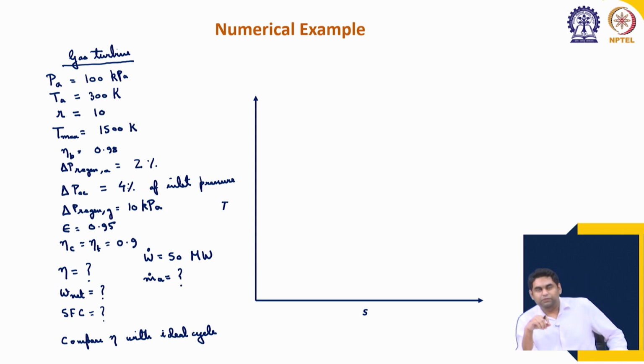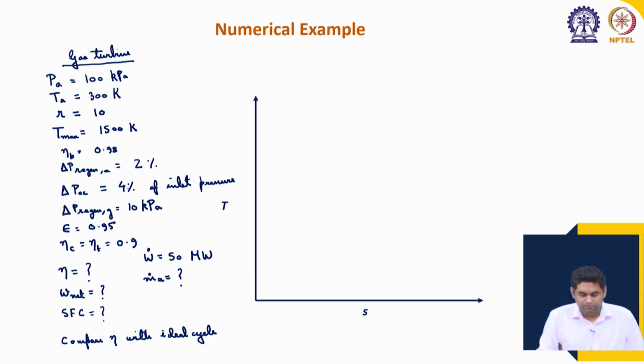So, how to start this problem? As you can see, this is a complete design problem which has all the different design parameters and operating parameters mentioned, and we are trying to find the performance of this gas turbine. Okay.